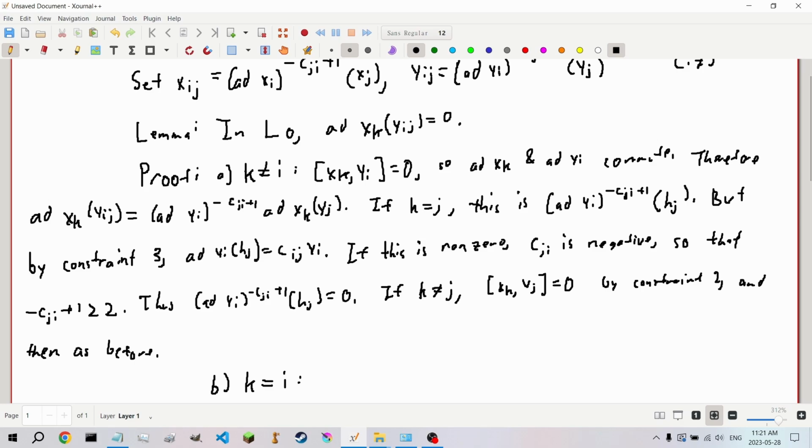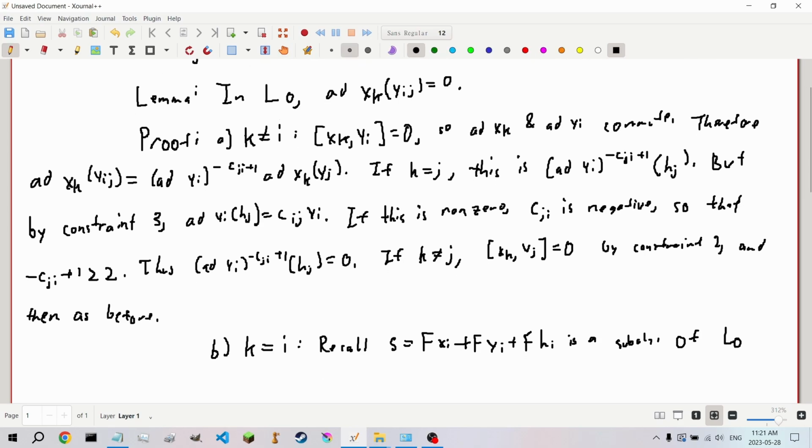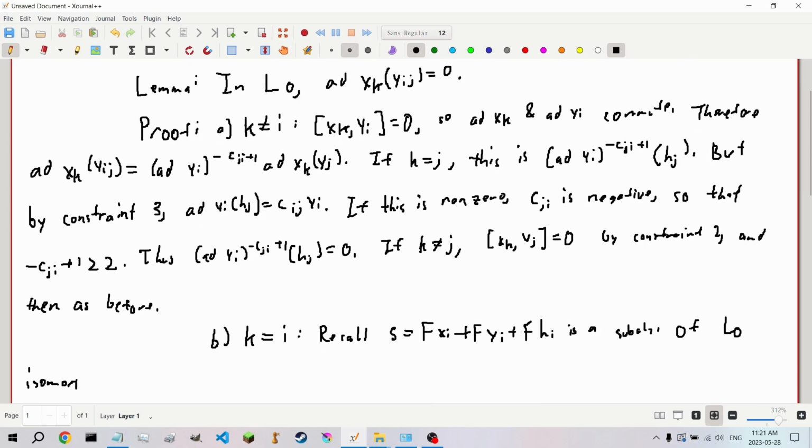Recall that we showed last time that S, set equal to our field scaling xi plus our field scaling yi plus our field scaling hi, is a subalgebra of L0 isomorphic to SL2 of F, which gives us a little info about the adjoint action of S on L0, even though L0 might be infinite dimensional.